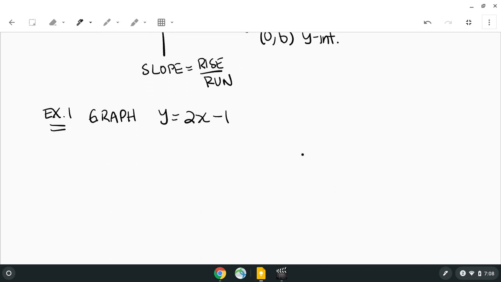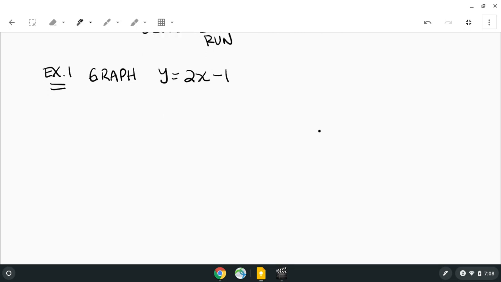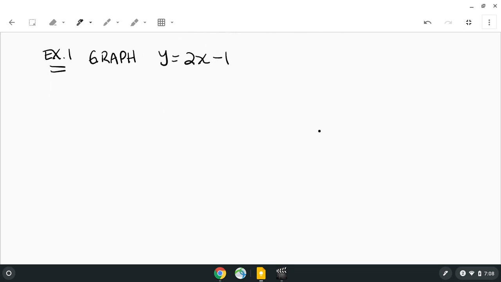When it's written like this, then you can use this little shortcut. Here I know that my slope is 2, which is the same as 2 over 1, and I know that my y-intercept is the point (0, -1). That's all I need to do the graph.